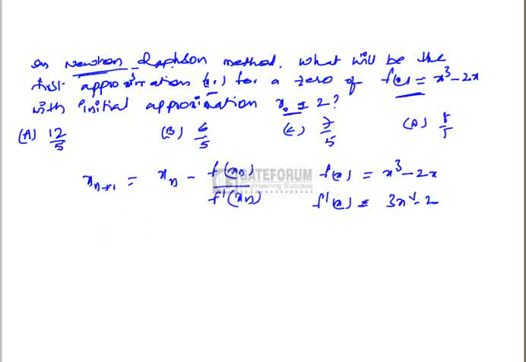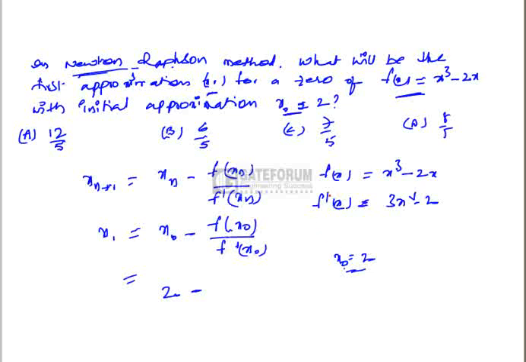So here x1 is equal to x naught minus f of x naught by f dash of x naught. Here x naught is given as 2. So this will become 2 minus f of x naught by f dash of x naught.